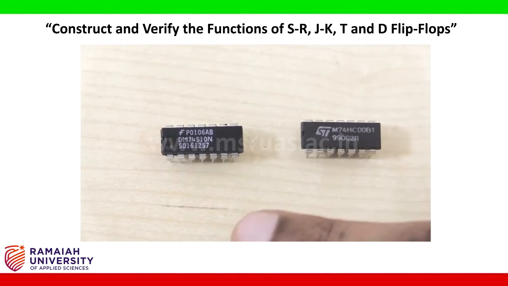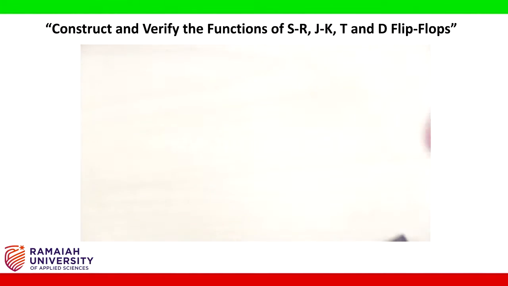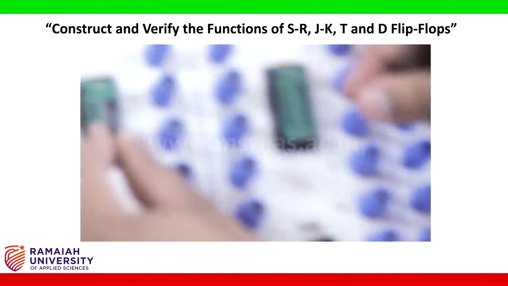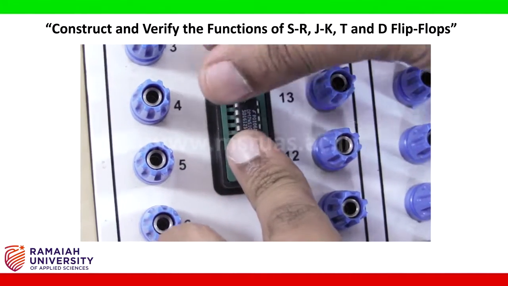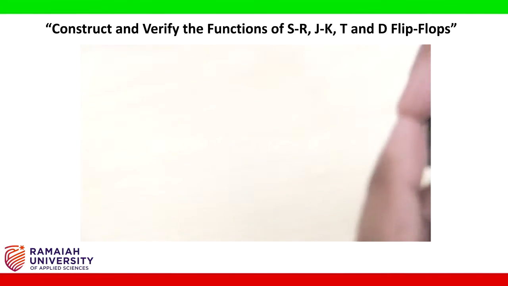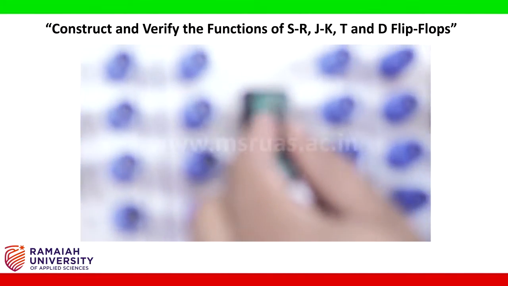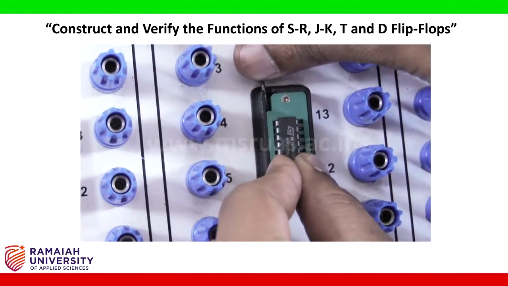Now let us place these two ICs into the IC bases. First I am taking the 3 input NAND gate 7410 and placing it into the first IC base, and close the lever, making sure it will not come out. Similarly, the second IC I am placing into the second IC base and closing the lever.